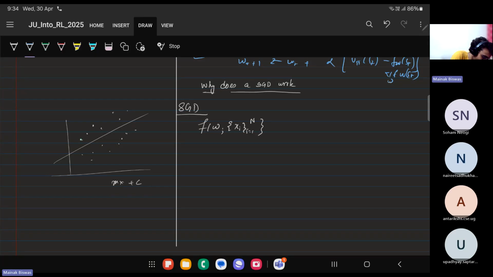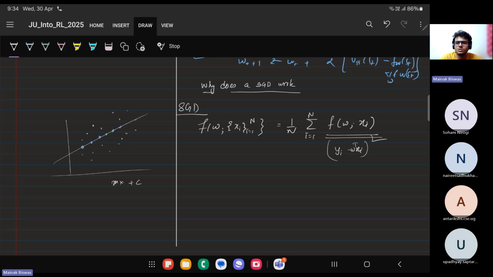We have all of these values corresponding to all the x_i's. So you write the losses over all the terms as 1 by n times the sum of f_w of x_i. Individually, you say that it is y_i minus w transpose x_i, squared, and you individually add them up. Fine.